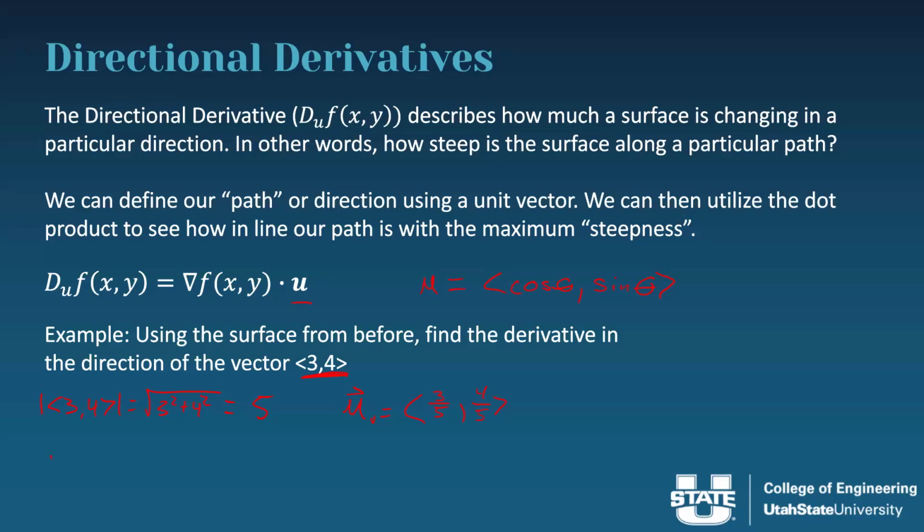Now, to find my directional derivative, I'm going to dot it with my gradient, which, if you'll remember, is 3x cubed plus 15y, comma 36y squared plus 15x, dotted with 3/5 and 4/5.